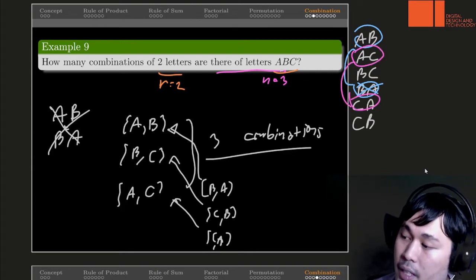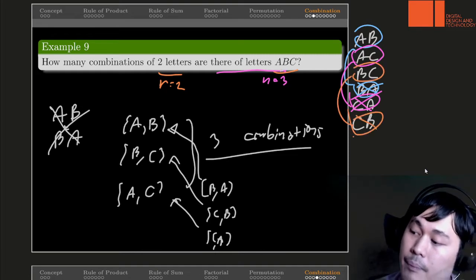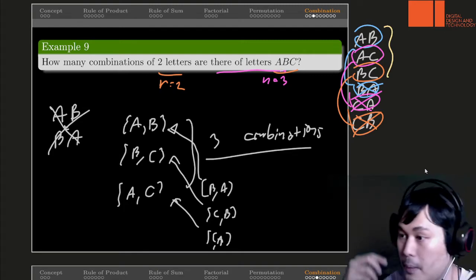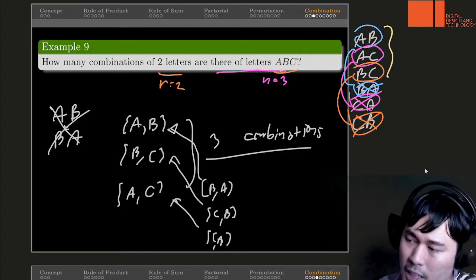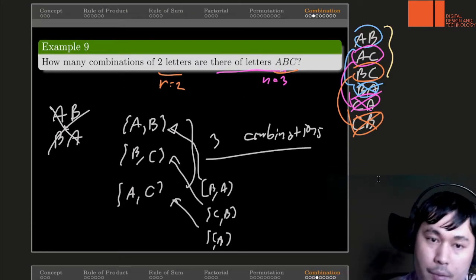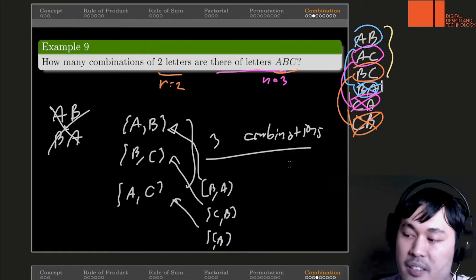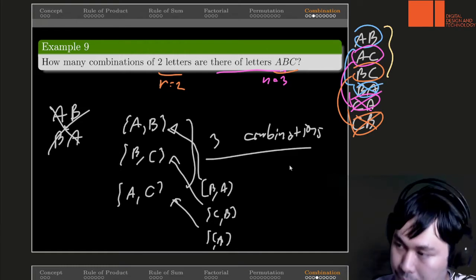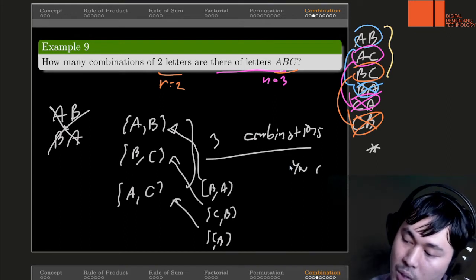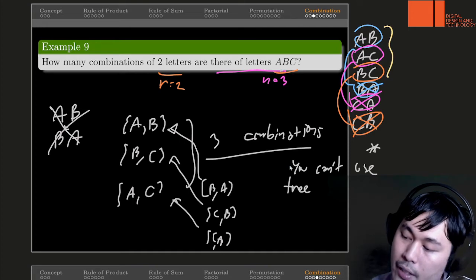AC and CA are the same combination, and BC and CB are the same in terms of combinations. So we are left with just 3 combinations out of these 6 permutations. So that's one short example for counting combinations by hand. And also notice that you can't use the tree diagram anymore.